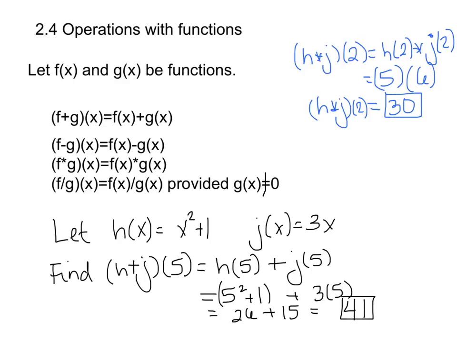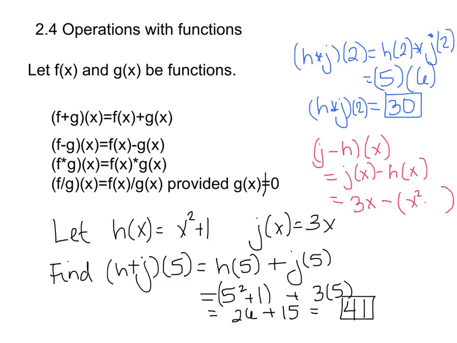And then the last one that I want us to look at is (j minus h)(x). So this should be j of x minus h of x. Here, j of x, the function evaluated at x, gives us 3x, and we are going to subtract off. When I'm subtracting, I always put whatever it is in parentheses. This will guarantee that I distribute the negative in the correct way.